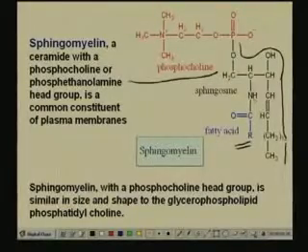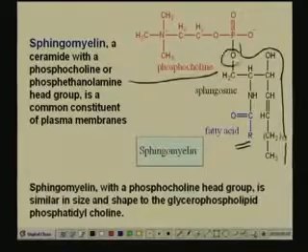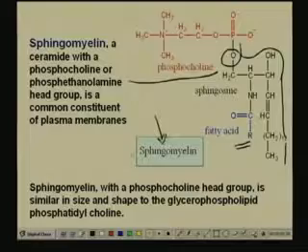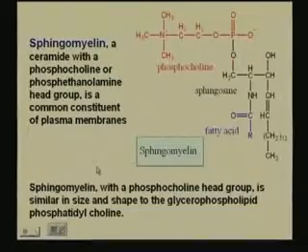In this case, when you have phosphocholine to form a head group here, this forms what is called a sphingomyelin. So, this is after the formation of a ceramide. Initially this was an OH, and it is now linked to phosphocholine to form what is called a sphingomyelin. Okay? So, that is basically it.